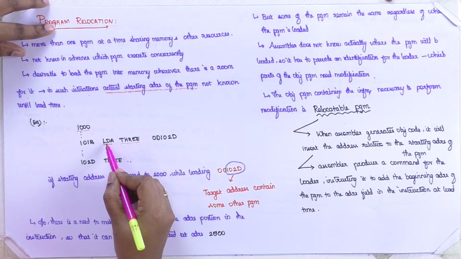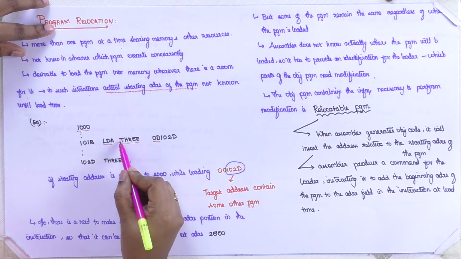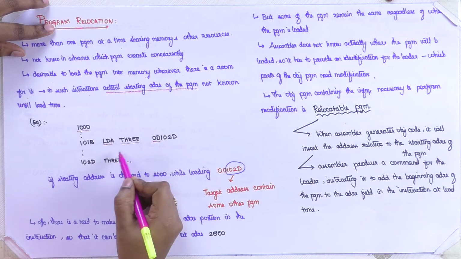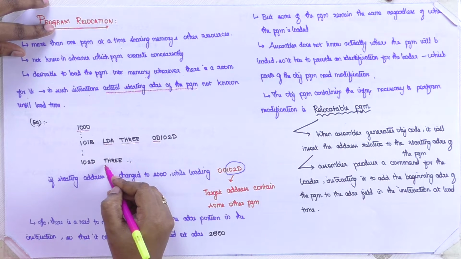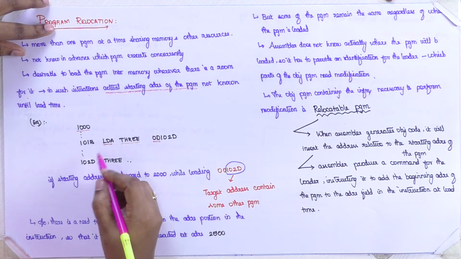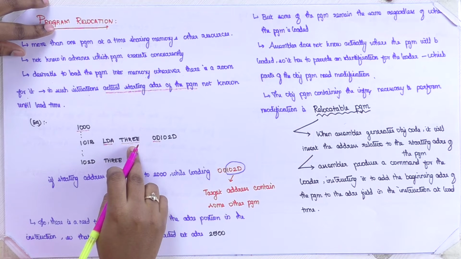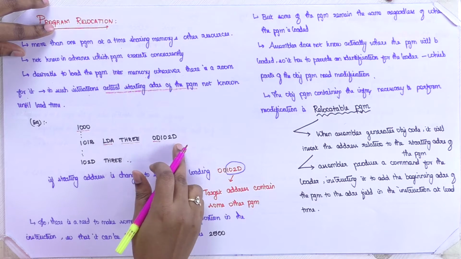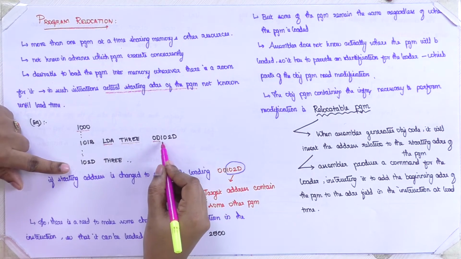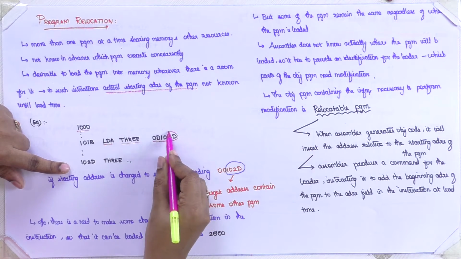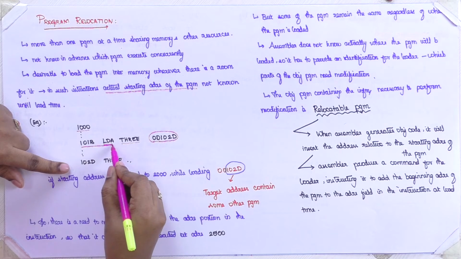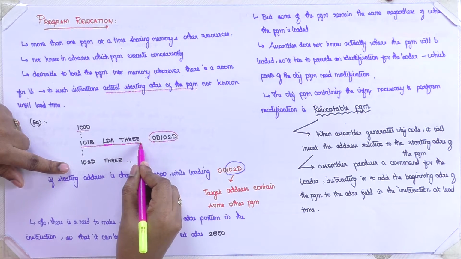The opcode for LDA is 00, and the actual definition of 3 is at location counter 102D. By combining the opcode and the location counter value of the operand, we form the object code. So 00102D is the object code for this particular instruction.